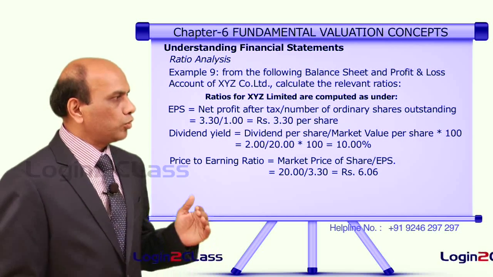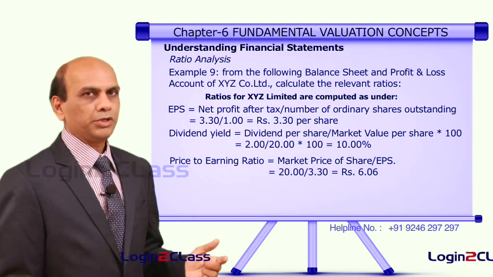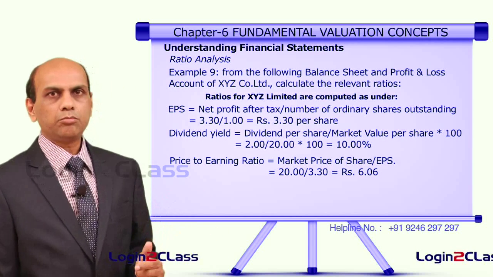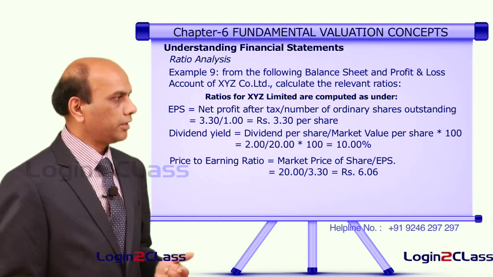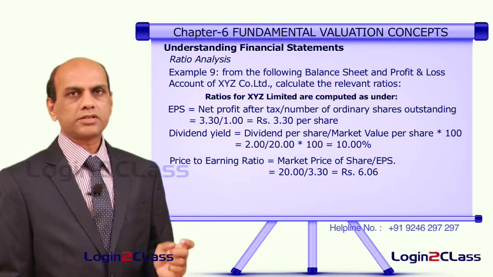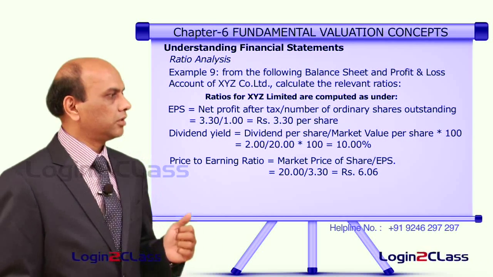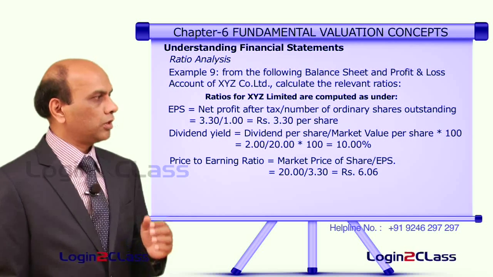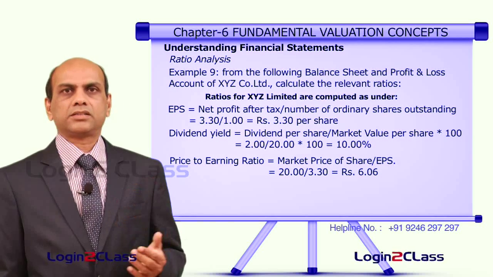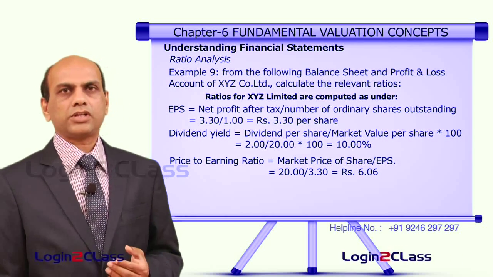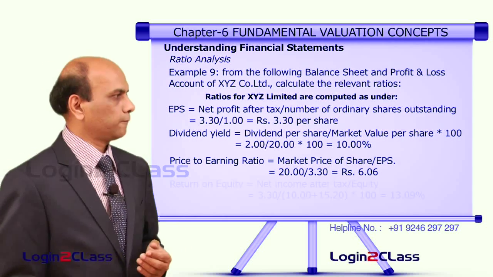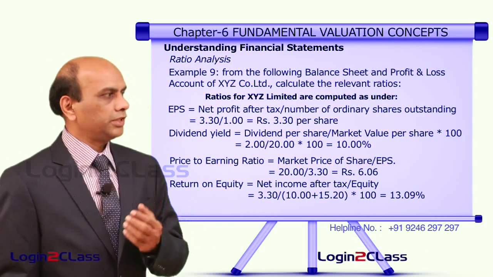So price to earning ratio is calculated as 20 rupees market price divided by EPS, which is 3.3, which gives you 6.06 PE ratio. So the PE is 6.06 times the earnings.